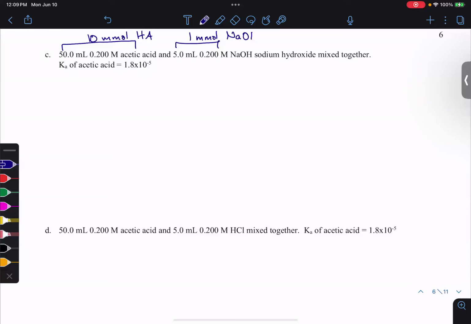sodium hydroxide. Remember, your base to acid ratio is the amount of A minus over HA. So I need to figure out how much A minus is in my solution. I'm mixing a weak acid and a strong base. So I make A minus by that addition of strong base. So the reaction that's happening is HA is combining with sodium hydroxide to make A minus and water.